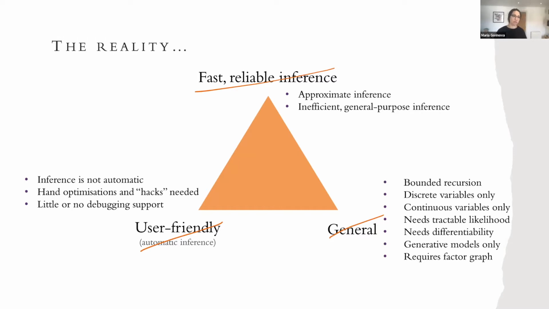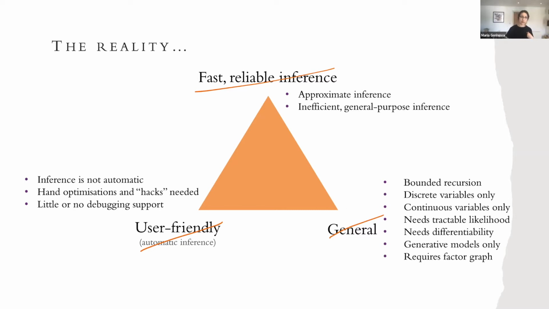Because of the difficulties that we have with different inference algorithms, different probabilistic programming languages need to make different decisions about which axis to sacrifice. And here we have some examples. In some cases, we have restrictions of the language, such as recursion can only be bounded, or only discrete variables are allowed.